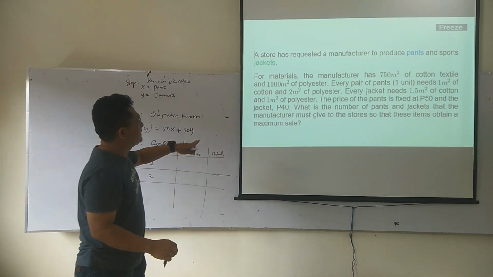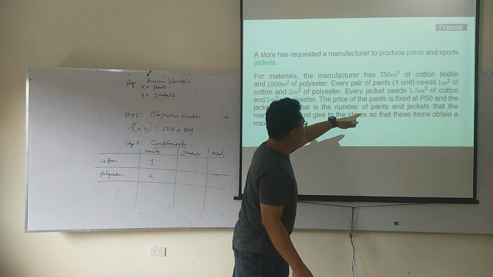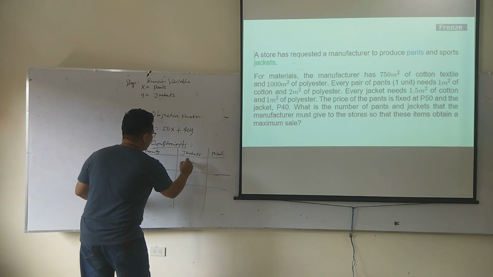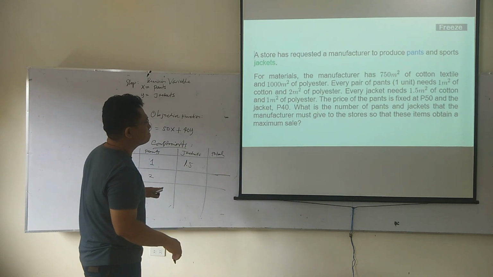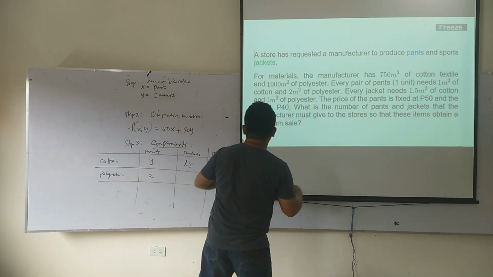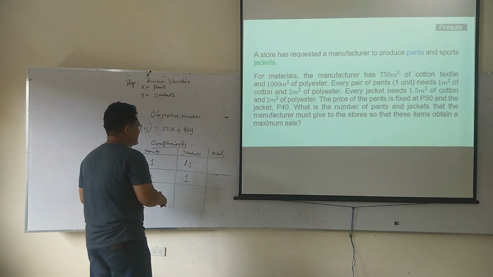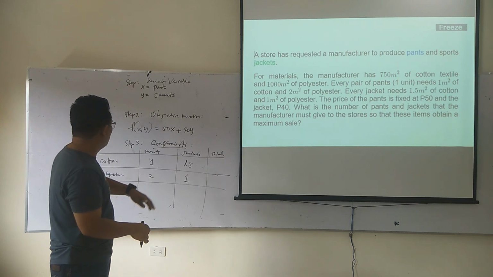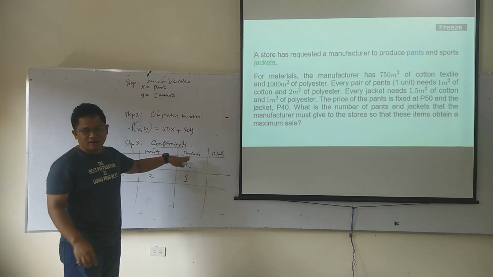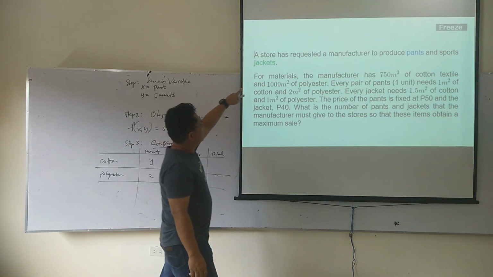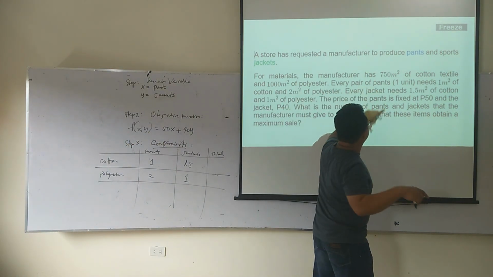While for jackets, each jacket needs 1.5 of cotton and 1 of polyester. So 1 cotton for pants and 1.5 for jacket, and the only available cotton is 750.